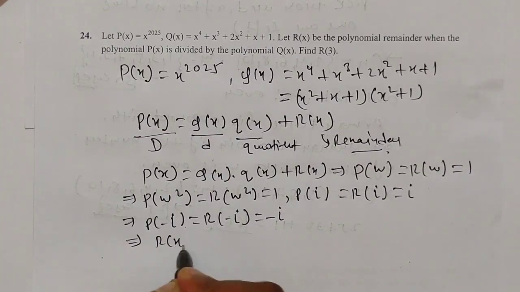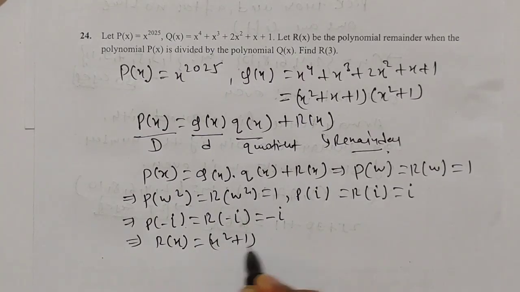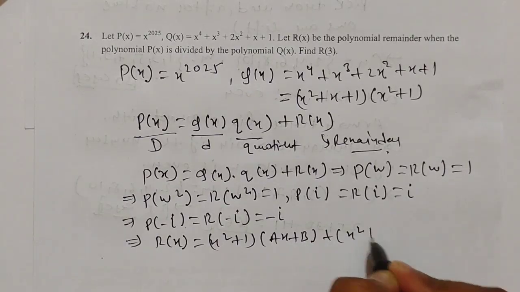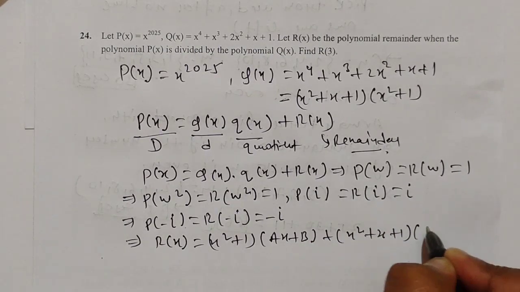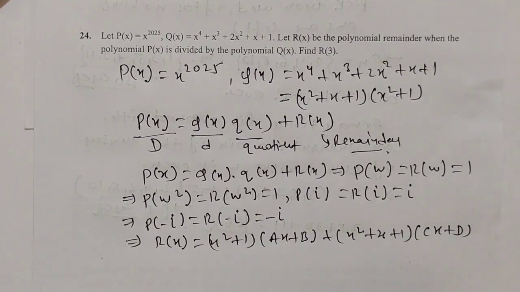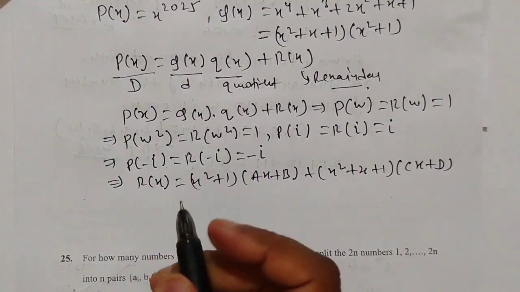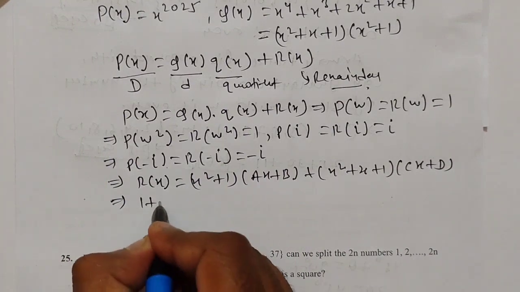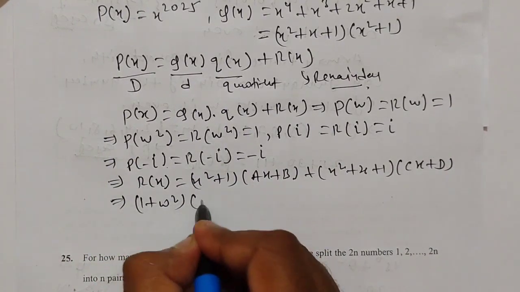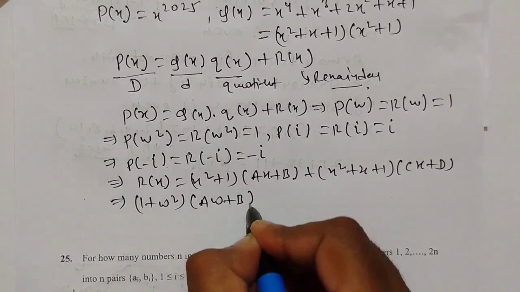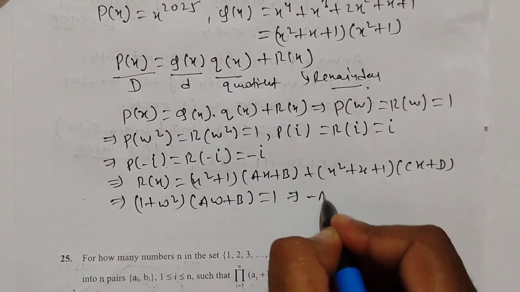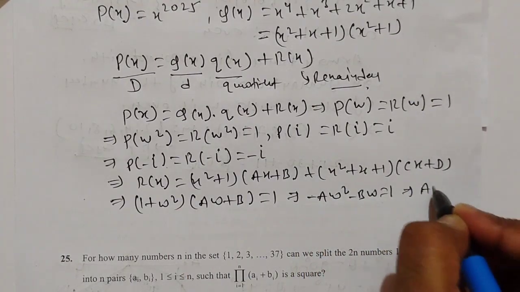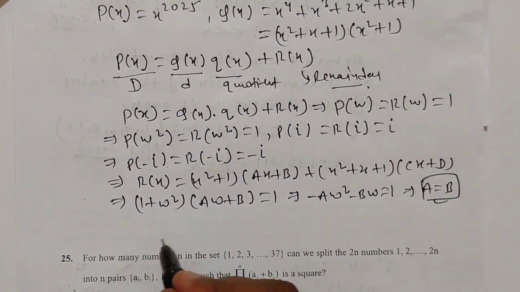And here this will imply Rx is equal to (x² + 1) into (Ax + B) plus (x² + x + 1) into (Cx + D). Now we have to put the values, then we find (1 + w²) into (Aw + B) is equal to 1, and this will imply minus Aw² minus Bw is equal to 1, and here A is equal to B is the case.